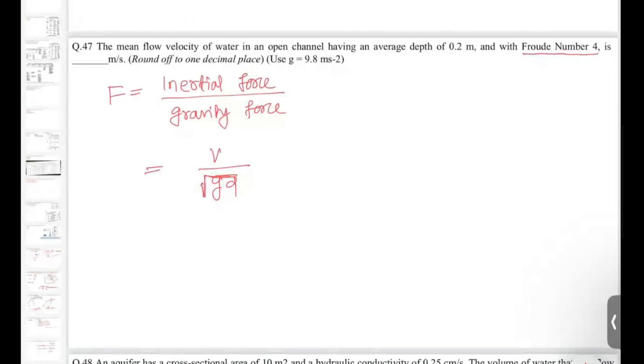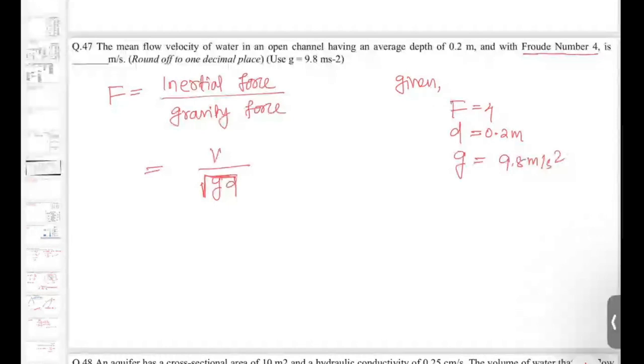If you put in the data, F is equal to 4, D is equal to 0.2 meter, and g is 9.8 meter per second square.